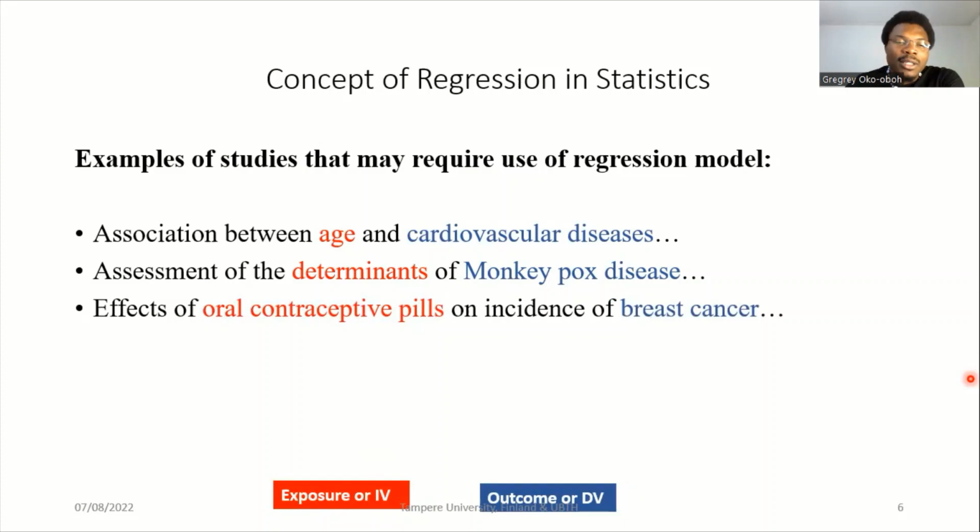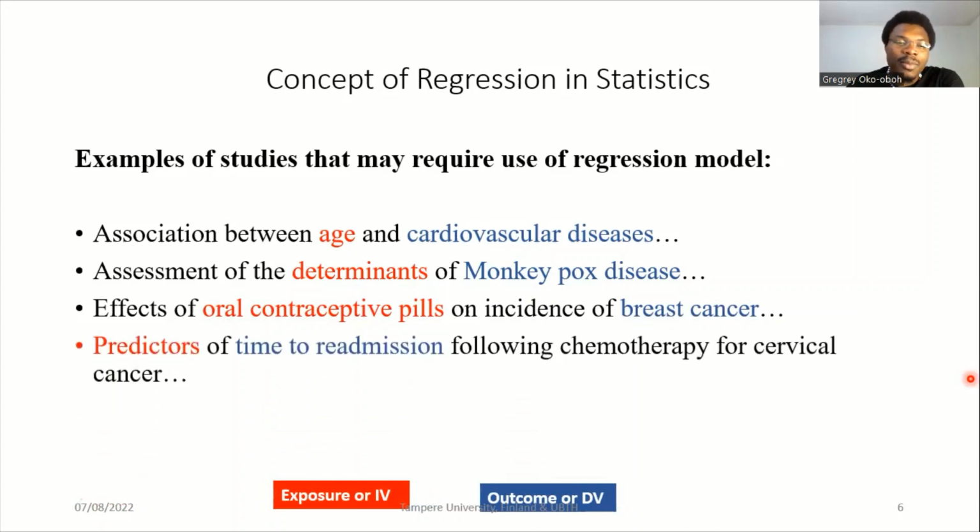Also, in a study of the effects of oral contraceptive pills on incidence of breast cancer, breast cancer in this case will be the outcome or the dependent variable, and the OCPs will be the independent variable. Another example is the predictor of time to readmission following chemotherapy for cervical cancer. Predictors here will serve as the independent variable, and time to readmission will serve as the outcome or the dependent variable.